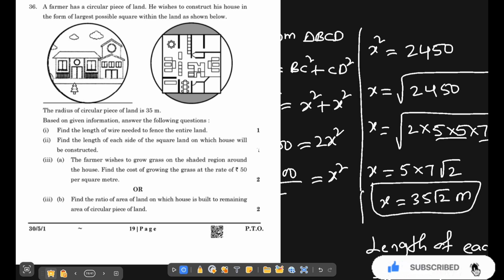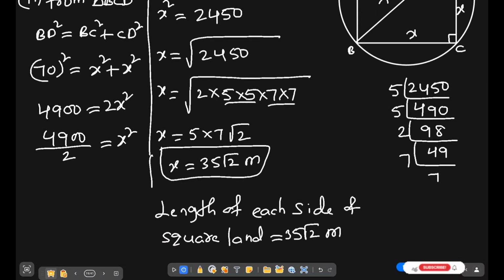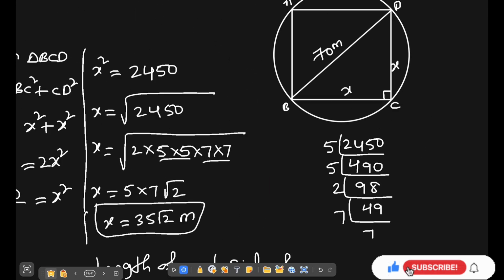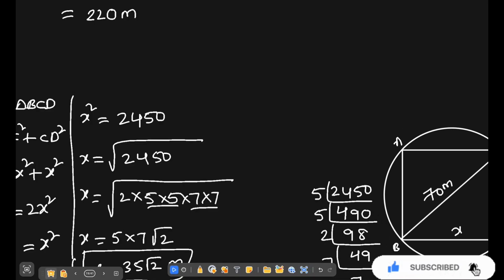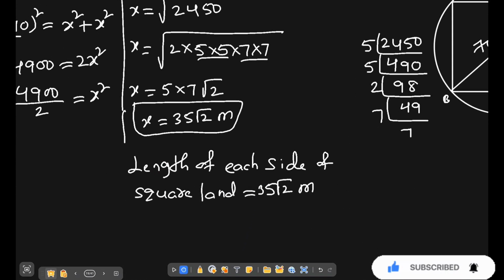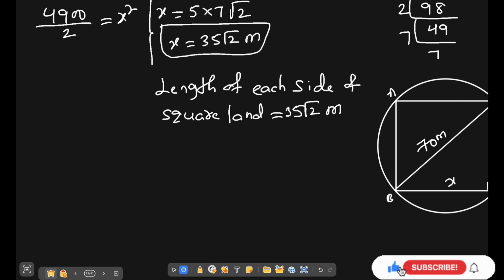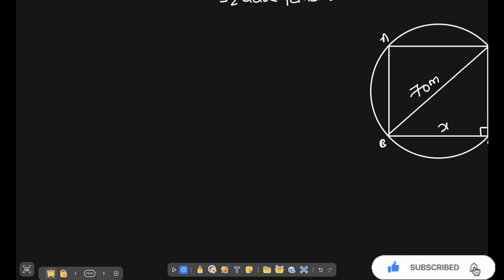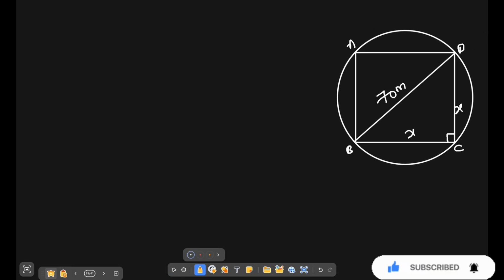So where is the shaded region? So here the shaded region is here.